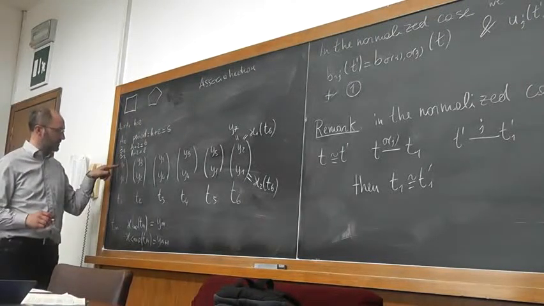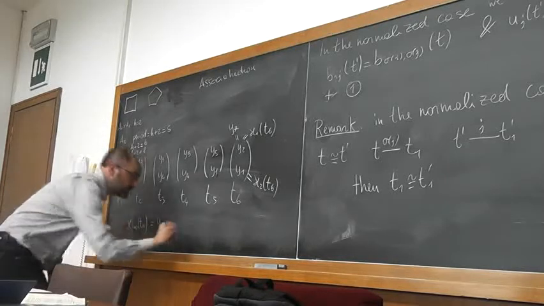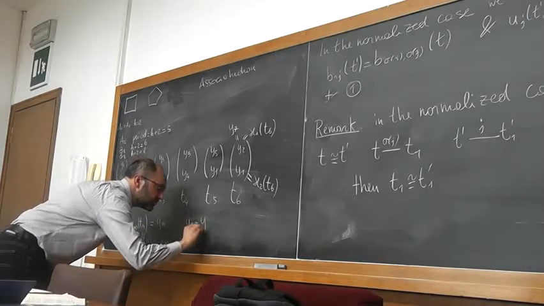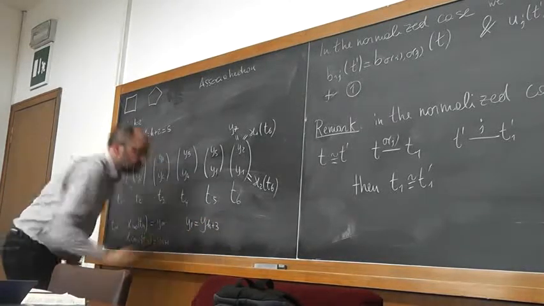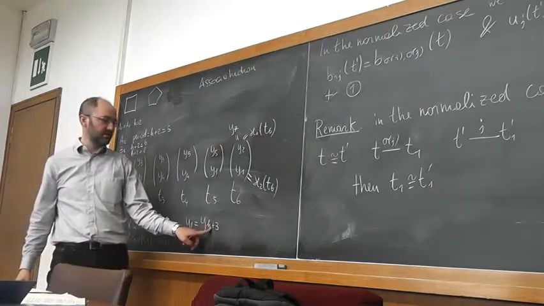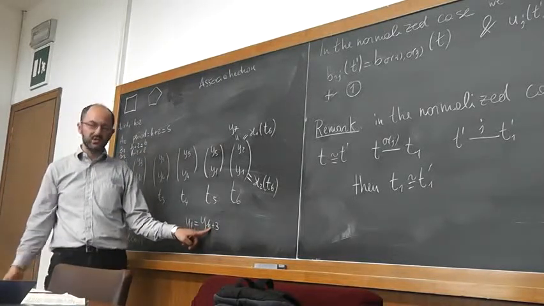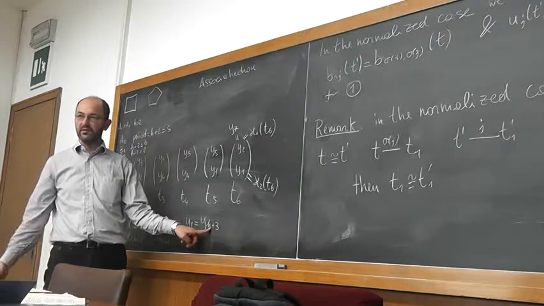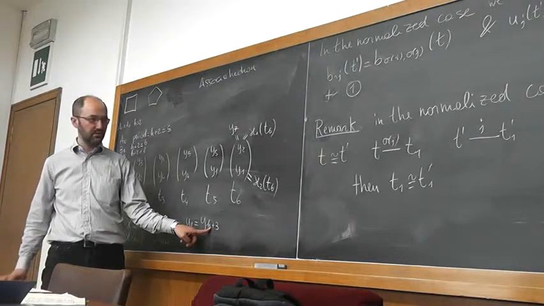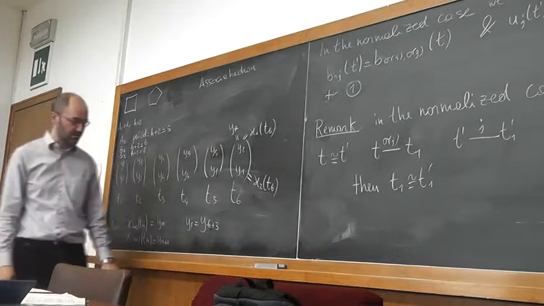Because we proved that y1 is equal to y_{h+3}. So this index is odd if h is even and changes parity if h is odd. It's just this, nothing deep.